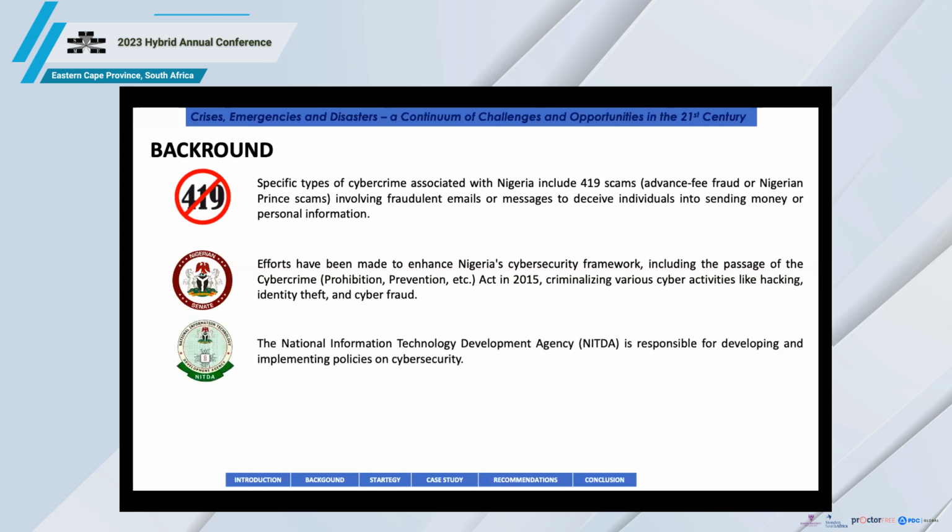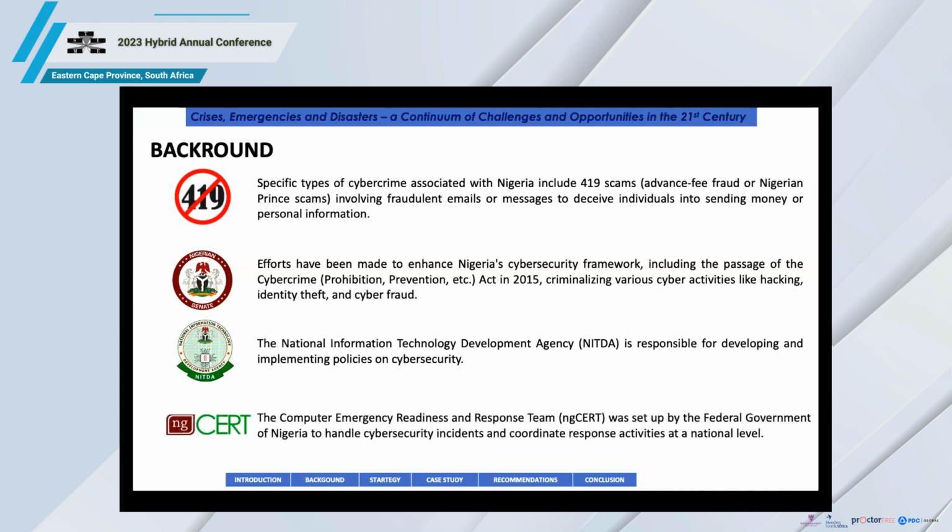Also, there was a government body called the Nigerian Information Technology Development Agency, NITDA, which was tasked with the responsibility of implementing these policies. And also they came up with setting policies and strategies in order to combat these cyber attacks.